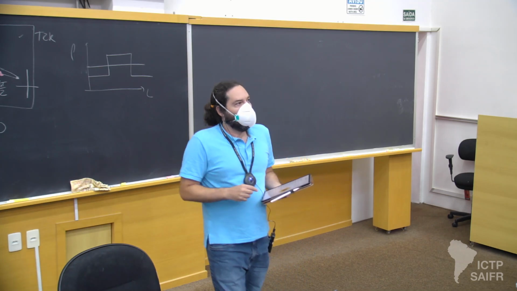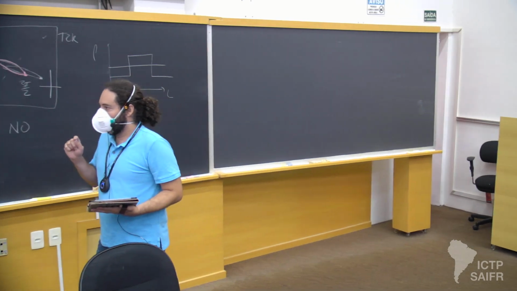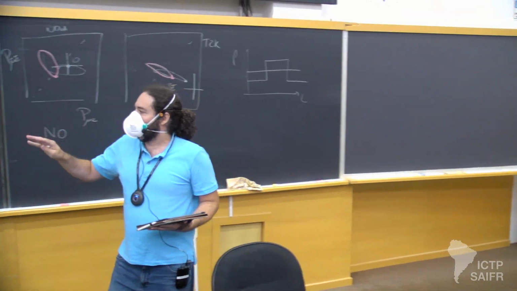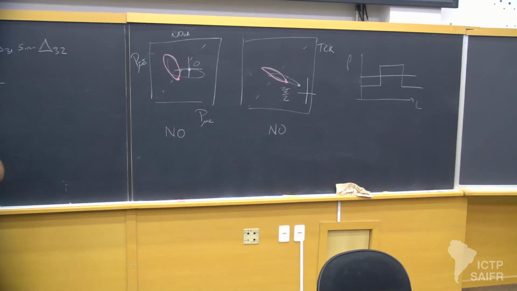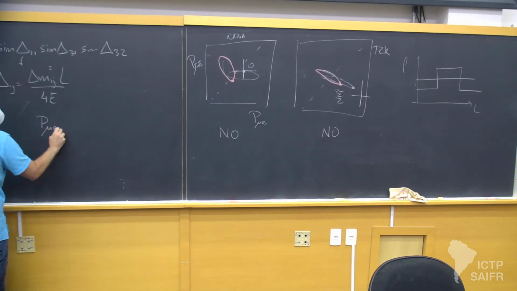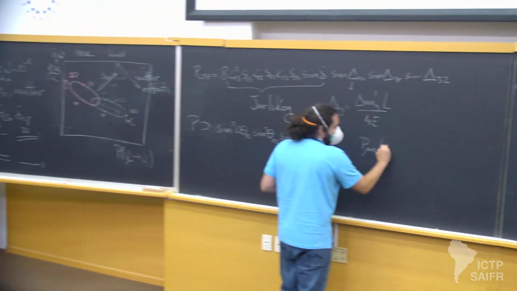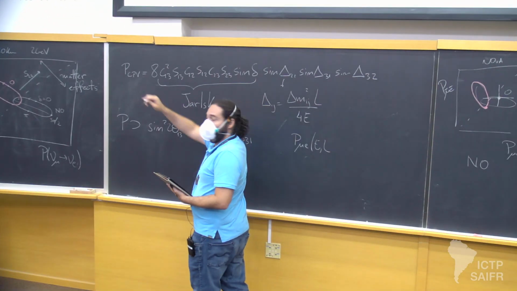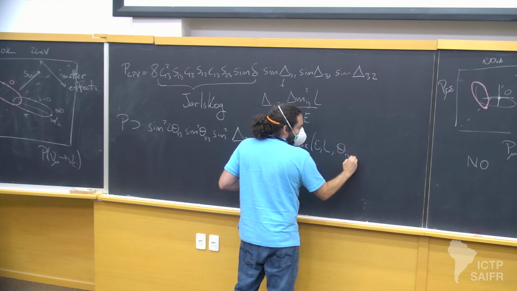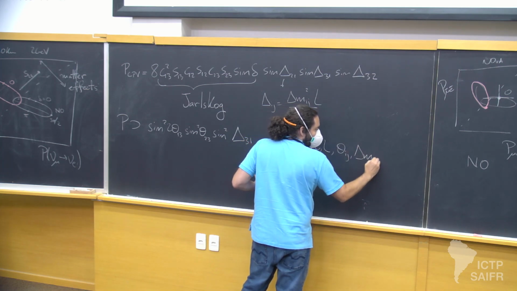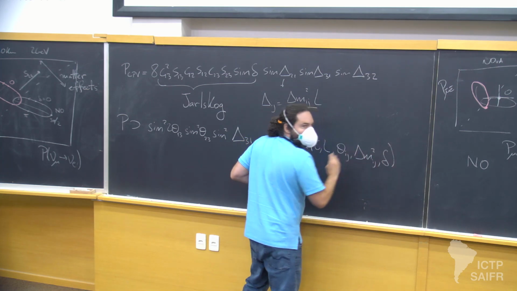That's a great question. The orientation is given by the oscillation probability formula. Imagine that I have an oscillation probability, nu mu to nu e, which depends on energy and baseline, and I fix those. It depends on mixing angles, mass splittings, and delta CP.